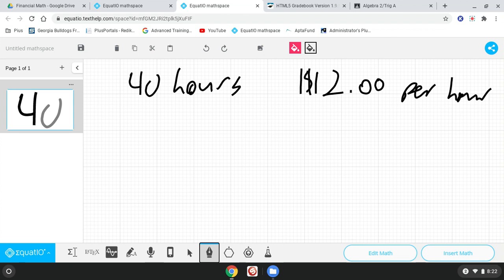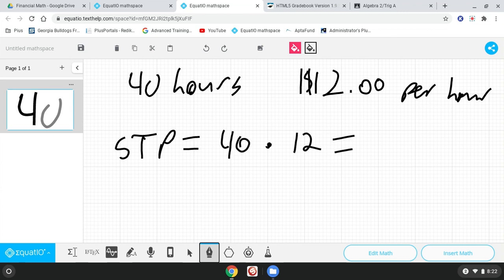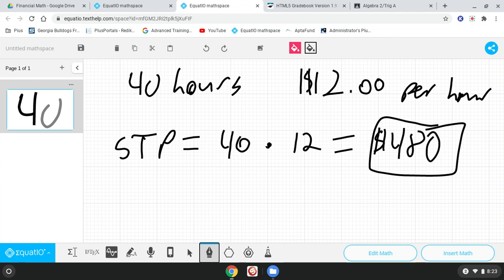Okay, so to find your straight time pay, you're just going to take 40 times 12. That's going to give you $480. So that means that'd be your straight time pay. So that's the first example.